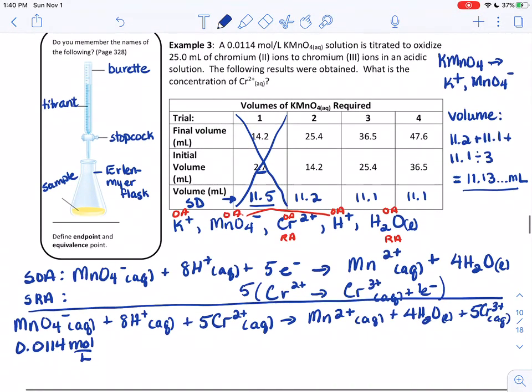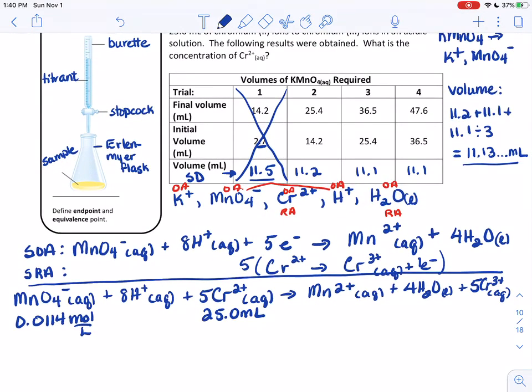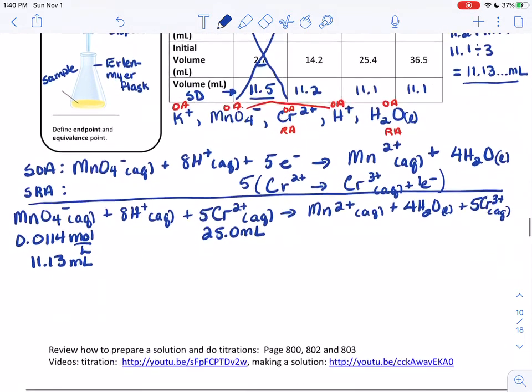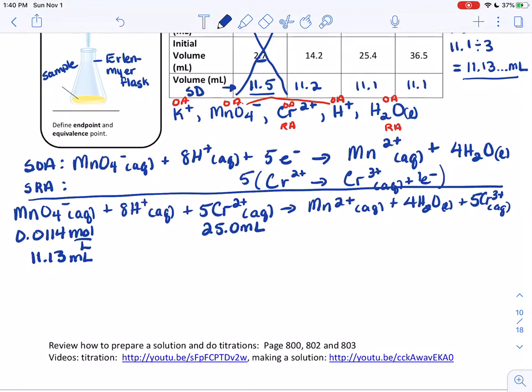All right. And I'm titrating to oxidize 25 mL of the chromium 2 ions. I need one other number, and it's this 11.313, because that is the KMnO4 volume. So now I'm ready to do my stoichiometry. For this one, I'm going to take my volume, remembering to change it to liters, and multiply that by my concentration.